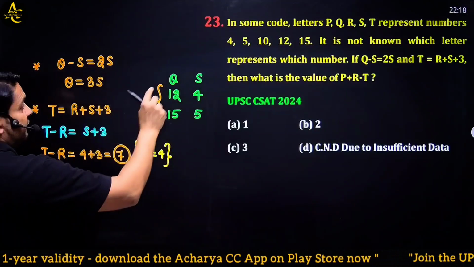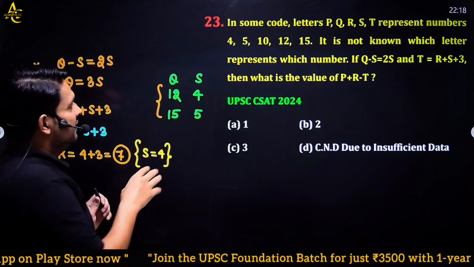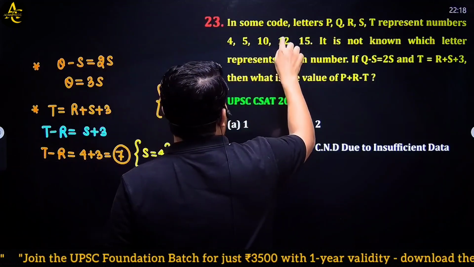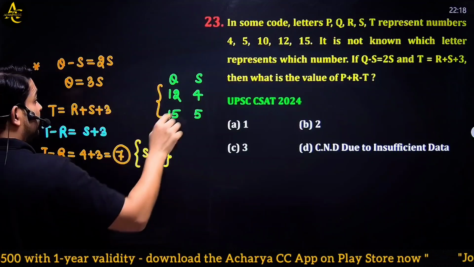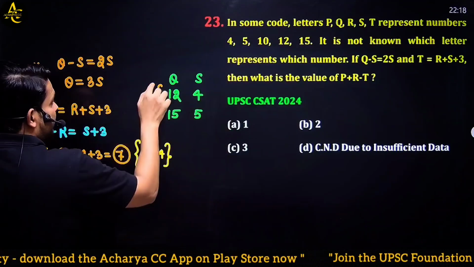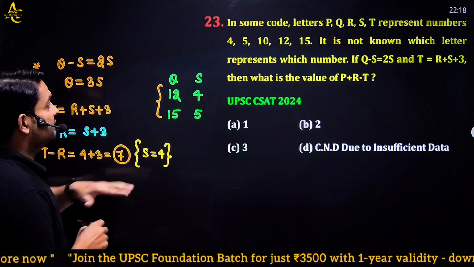There are no two numbers whose difference is 7. I have a difference of 7 here, that is 12 minus 5 equal to 7. But if I take T equal to 12, Q is already equal to 12 when S equal to 4, so I cannot take this combination.